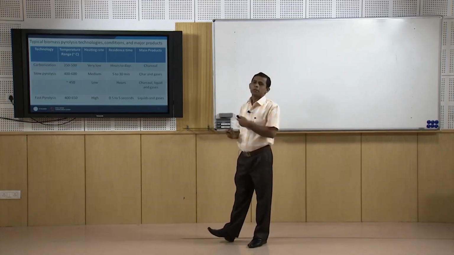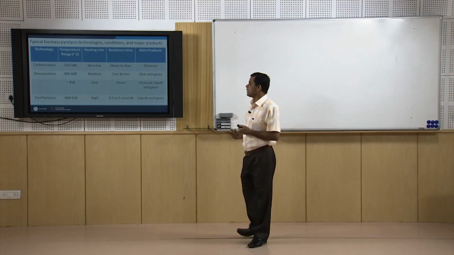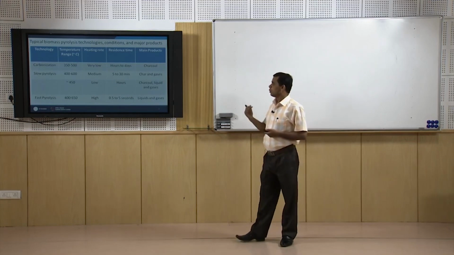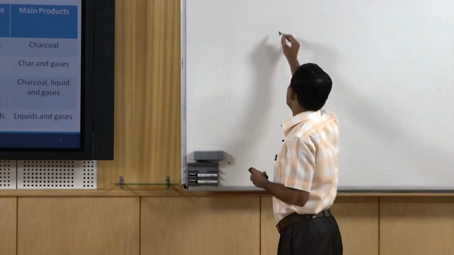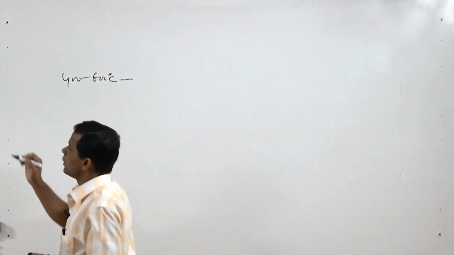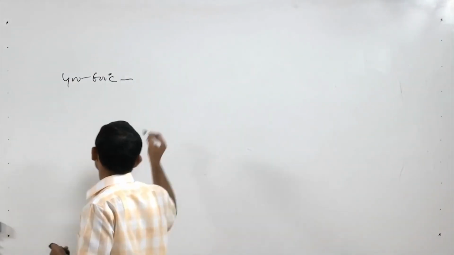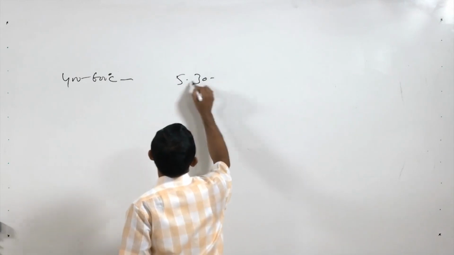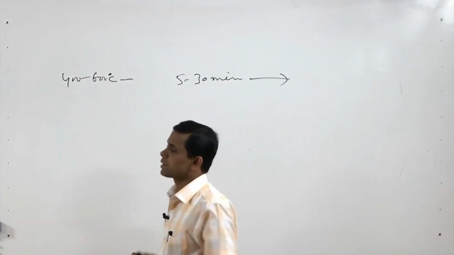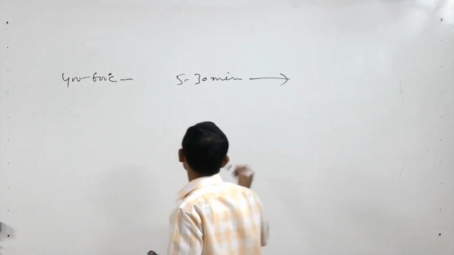Then slow pyrolysis came. For slow pyrolysis, the heating rate may be medium or low. The temperature is 400 to 600 degree centigrade. Here, if we give a medium heating rate and 5 to 30 minutes of residence time, that will give us char and gases.